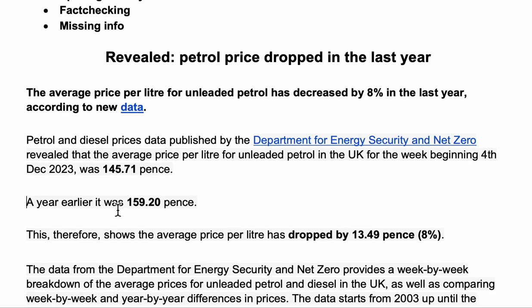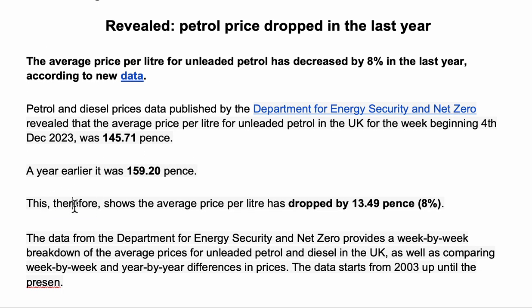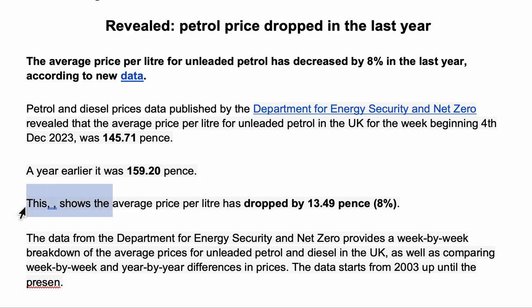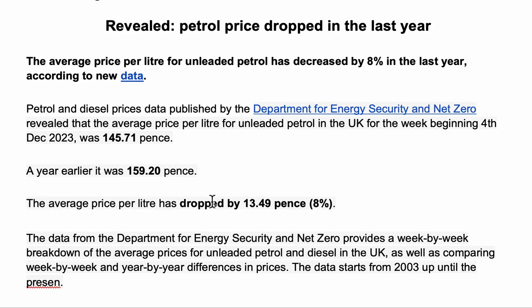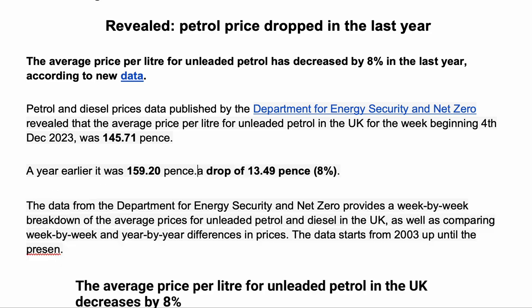Now let's move on to the next line. Therefore, we don't want therefore in a news article, because that's the language of kind of academic writing or a formal argument. And all we need to do is state the fact. So we just want to say the average, you know, or a drop. In fact, it's not a drop because we're talking about history.